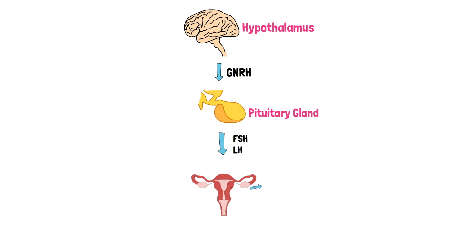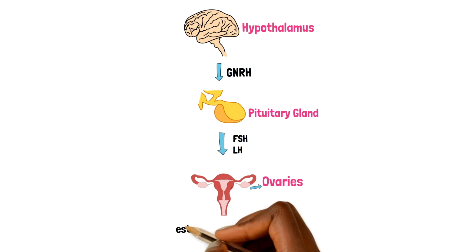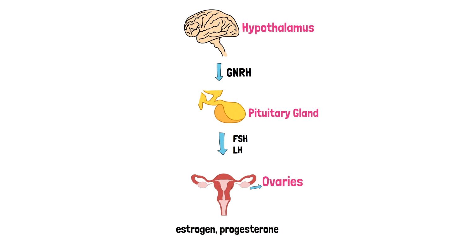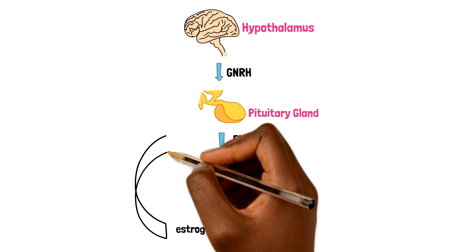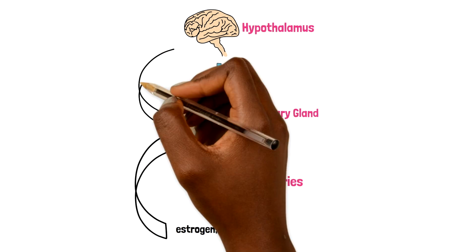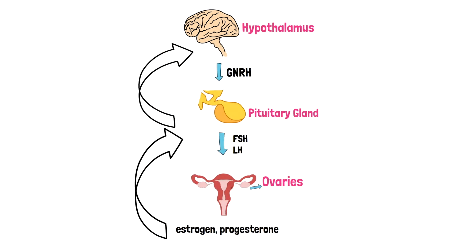These hormones then stimulate the ovaries to produce estrogen and progesterone, which then regulate the menstrual cycle. In turn, the levels of estrogen and progesterone feed back to the hypothalamus and pituitary, helping to regulate the production and release of gonadotropin releasing hormone, FSH and LH. So this creates a really dynamic integrated system that helps to maintain the reproductive function in women.